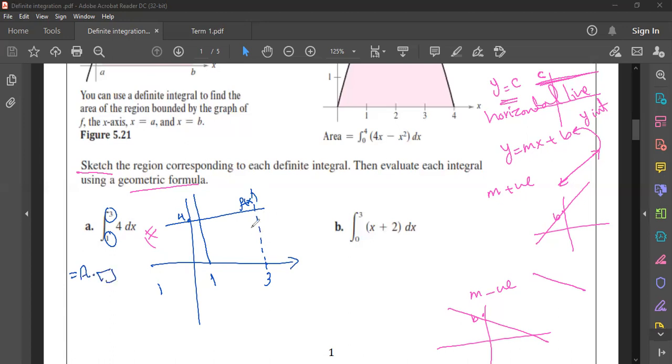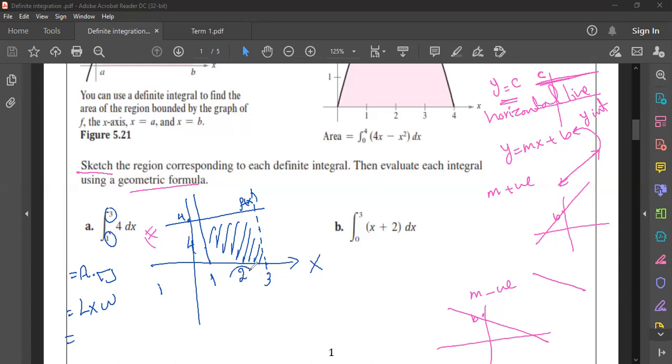Because the region bounded by the curve of the function, the two vertical lines and the x-axis is a rectangle. So the value of this definite integral from 1 to 3 of 4 with respect to x is the area of the rectangle, length multiplied by width. Here it is 4, and here from 3 to 1 it is 2.